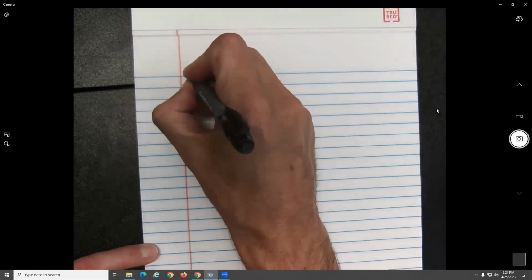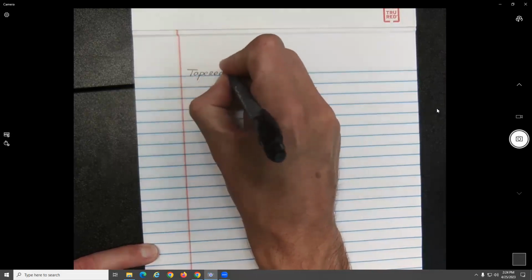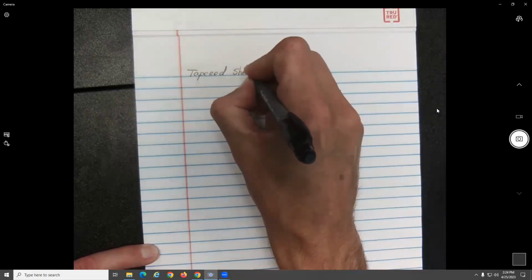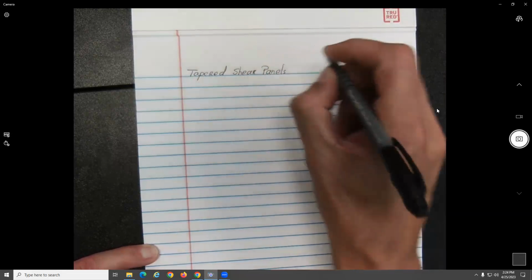All right, so let's go over here. I'll put over here, this section is going to be called tapered shear panels.